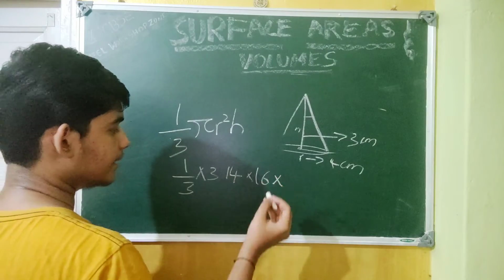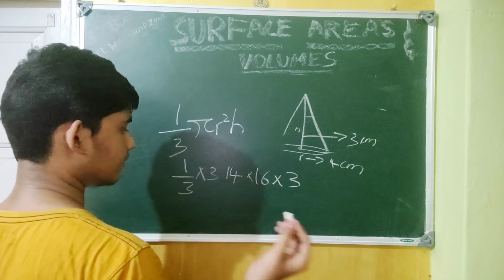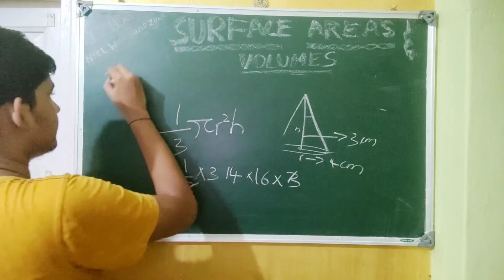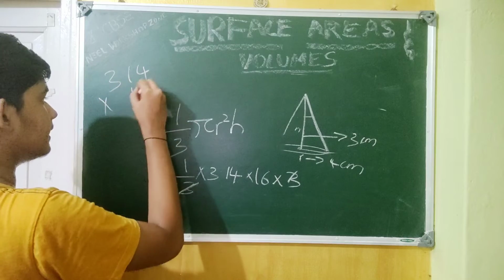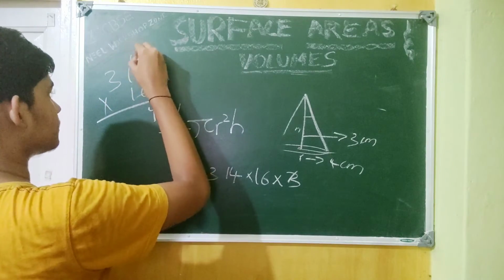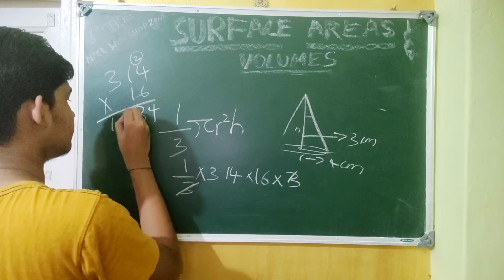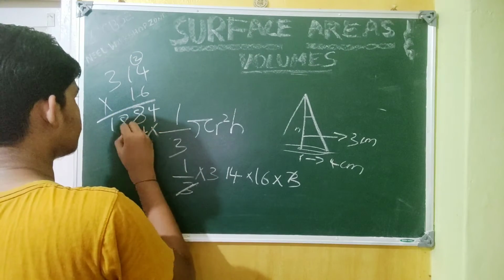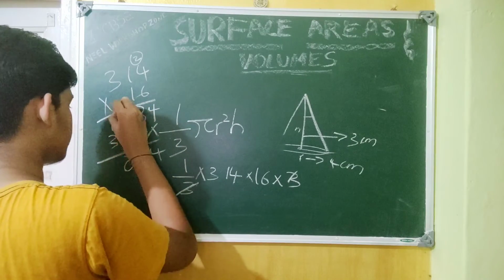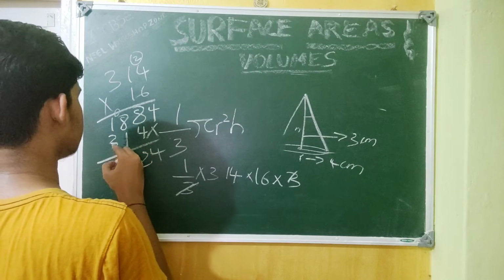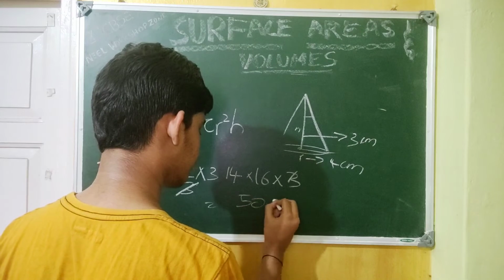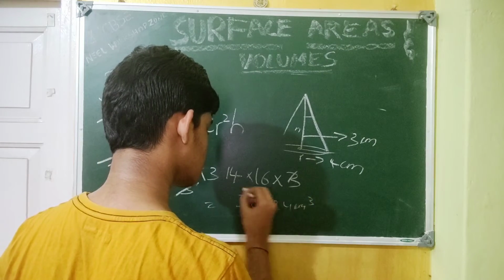Height over here is 3. So by using the formula, 3 is cancelled, and 3.14 into 16, we get the answer 50.24 centimeter cube.